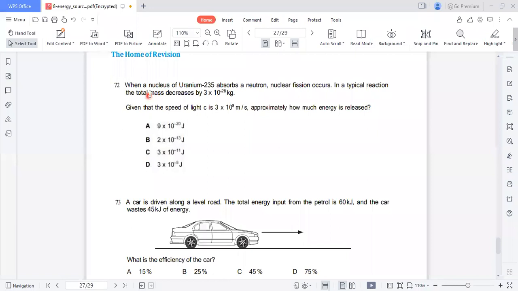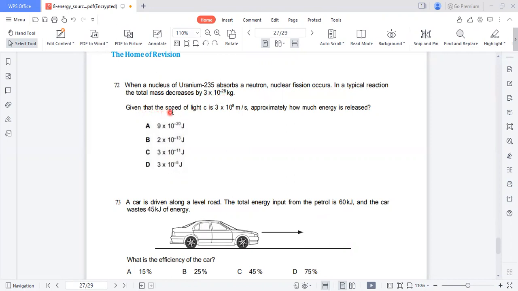Number 72. When a nucleus of uranium 235 absorbs a neutron, the uranium nucleus becomes unstable and nuclear fission occurs. In a typical reaction, the mass decreased by this amount.